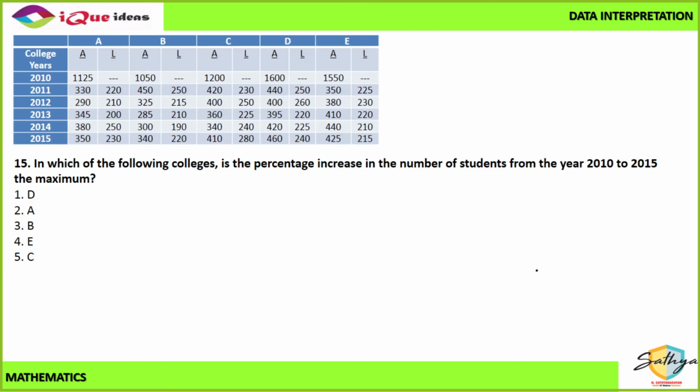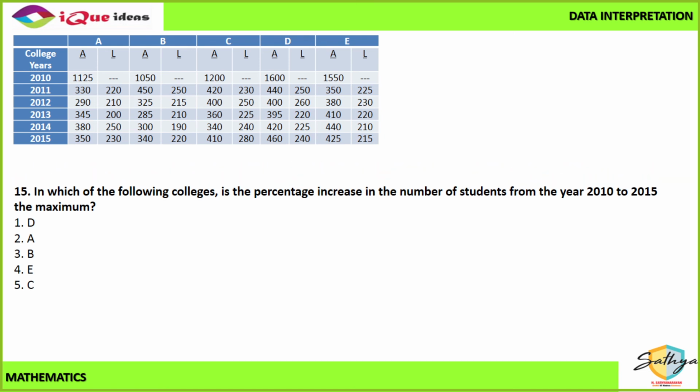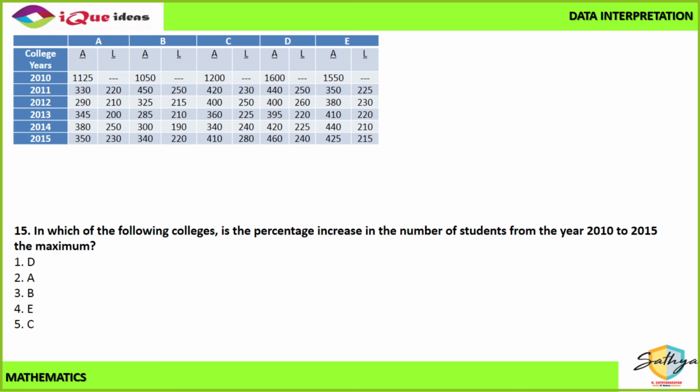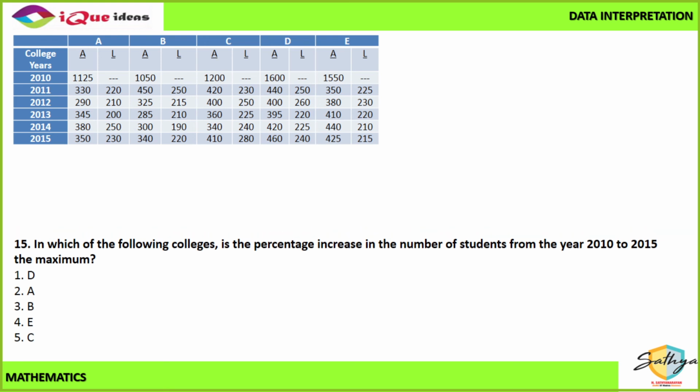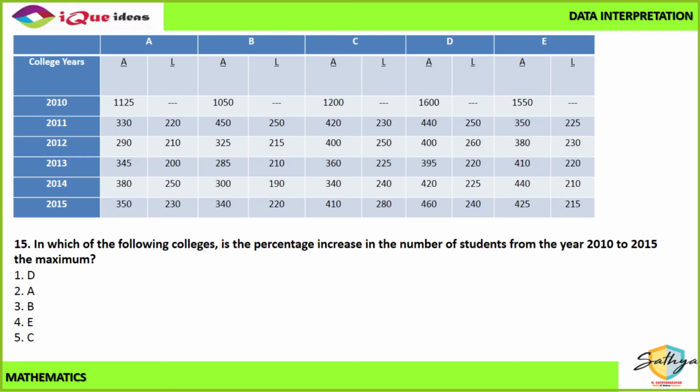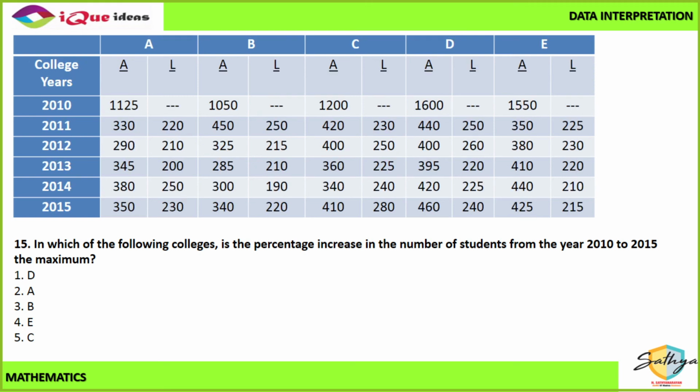Moving on. In which of the following colleges the percentage increase in the number of students from 2010 to 2015 is the maximum? Very, very calculation intensive. You have to actually calculate the increase in the number of students for each of these colleges and then find out percentage wise which is the maximum.